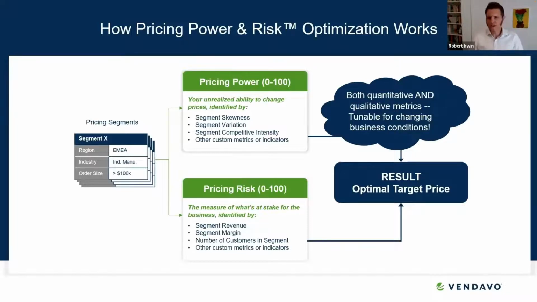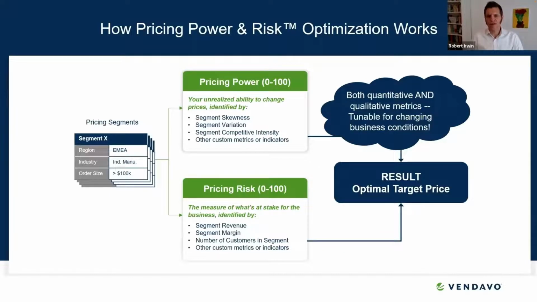And those qualitative metrics are often metrics that need to be taken from an unstructured data set and turned into structured data so they can be used and checked in the model. So this combination of power and risk is a trade-off model. It leads to a recommendation of the optimal target price.